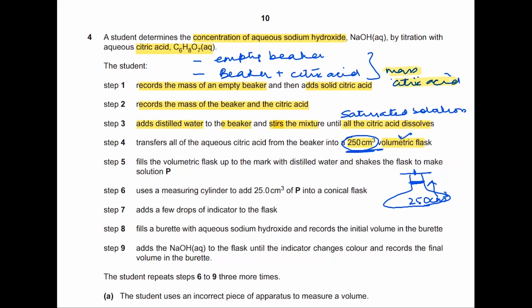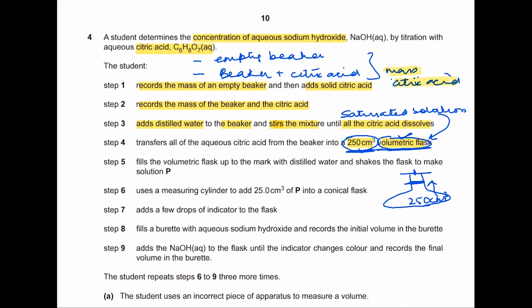So we need an apparatus to make this solution, and that is basically a volumetric flask, right? Remember, these solutions are made in the volumetric flask, not in any other kind of flask, because it has a marking, and if the water is filled up to that mark, we're able to make that specific volume of solution.